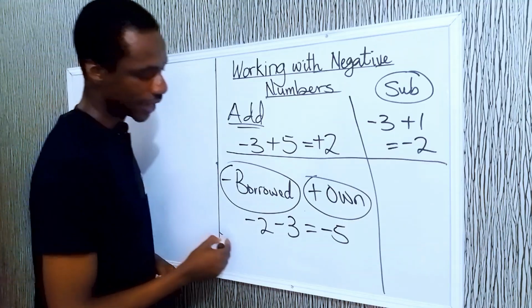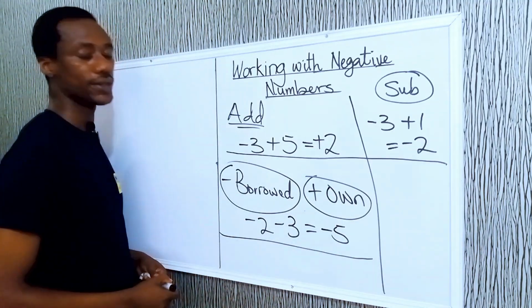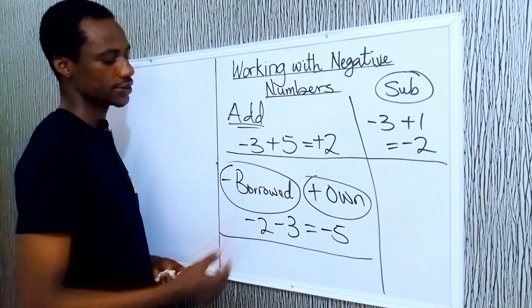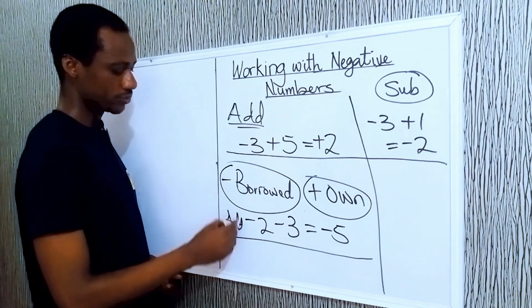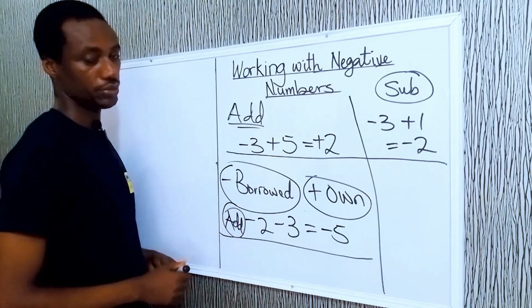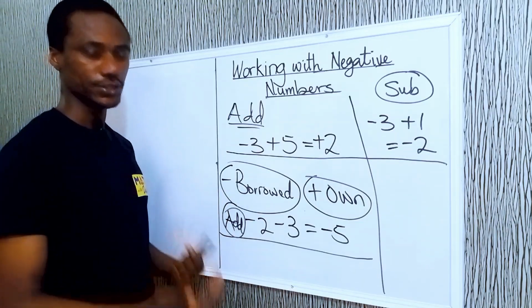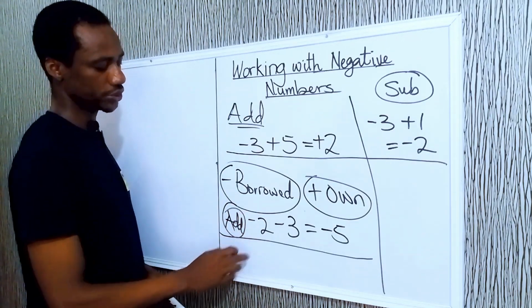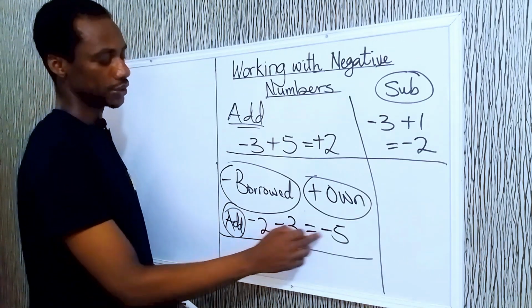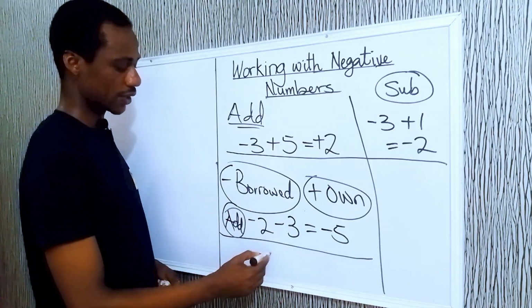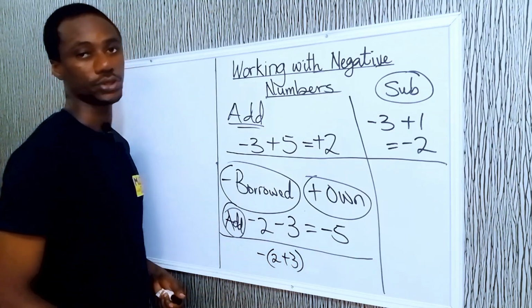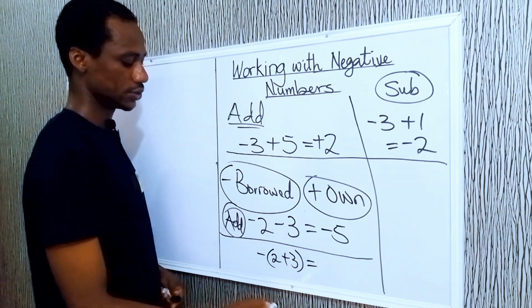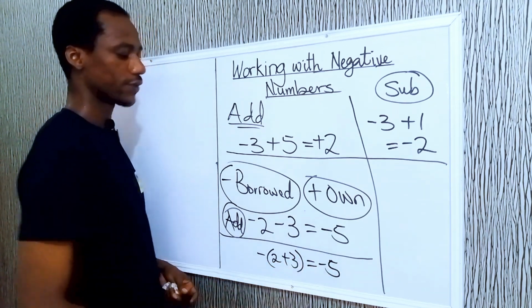Then for this type of question where you have minus this, minus this, the operation is addition, but the answer takes the negative sign. So here we simply do 2 plus 3, and the answer is 5. You put the minus outside and add every other component, and this gives you negative 5.